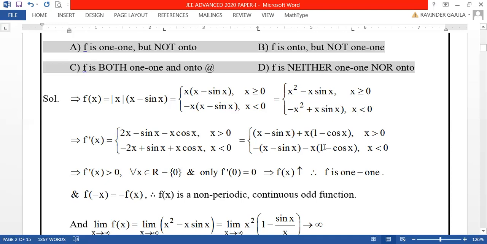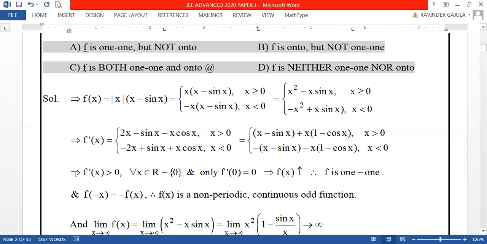And also this minus x is positive for x less than 0, and 1 minus cos x for x less than 0 is also positive. Hence this total is positive now, because even though sometimes this is 0, on the whole this will be positive.